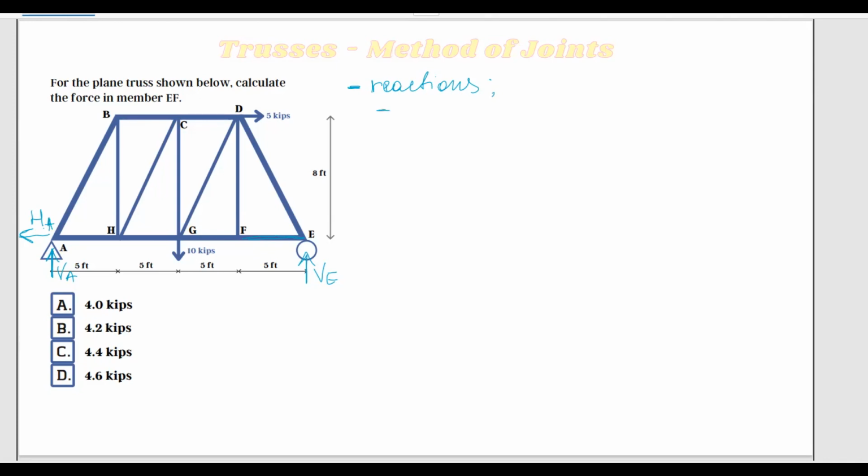So first, I'm going to do sum of forces in the X direction equals 0. From here, I have minus HA, let's do HA just to make it simple, equals 5 kips. Great.